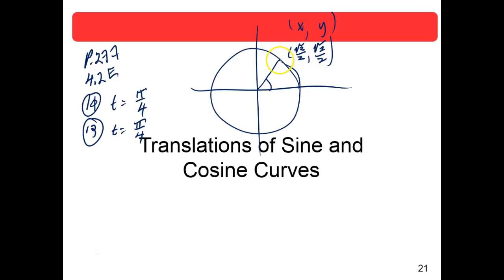Why is it root 2 over 2? The y value, very good. That's what I was going for. So basically, this is sine of t, right? And this one would be cosine t.